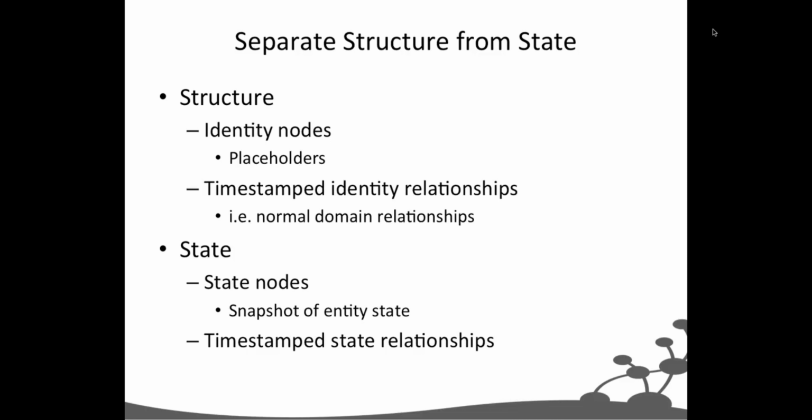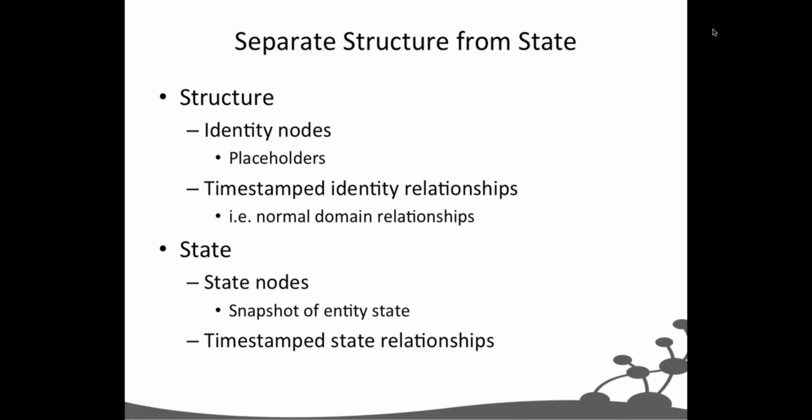And if any of those values change, or if we delete the relationship, then we will effectively model that by modifying the to and the from timestamp properties, effectively saying the state of this relationship was valid for this particular period in time. Okay. And so that's just modeling the pure structure within the graph.